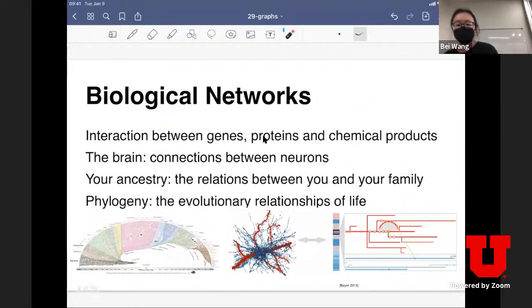There are also biological networks, which look at interactions between genes, proteins, and chemical products. There are also brain networks, specifically the connections between neurons.